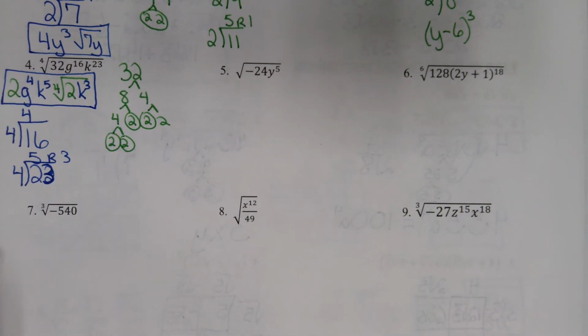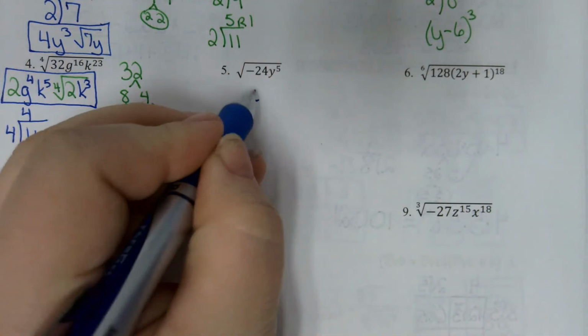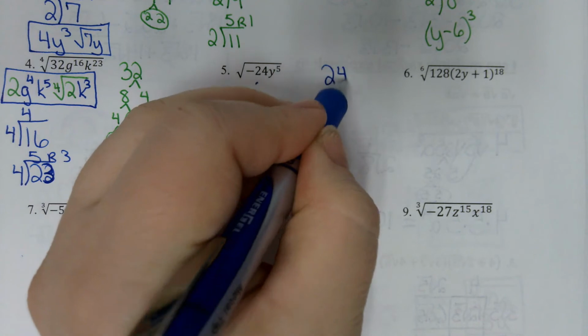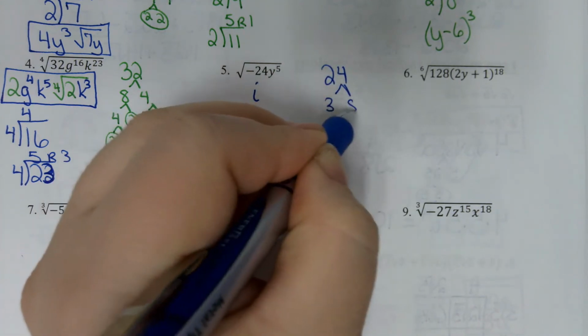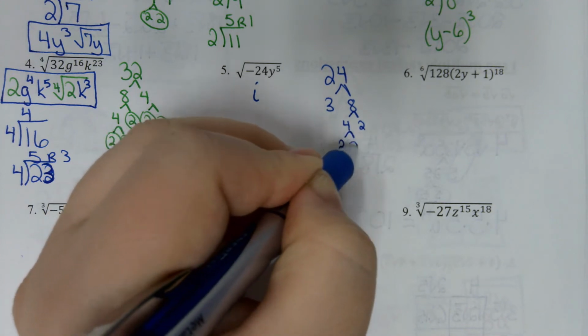Number 5, I have a square root of a negative number. We know that that means I'm going to have i in my answer. 24 needs a factor tree. 3 and 8, 4 and 2, 2 and 2.